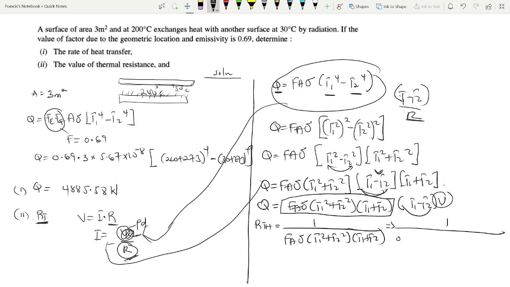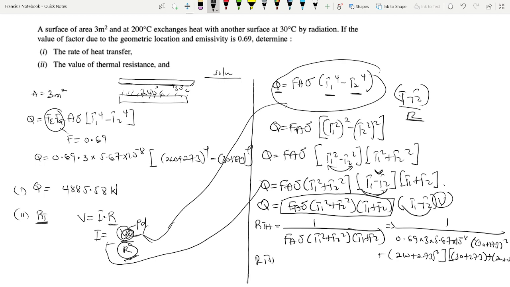Now inputting the values, our F is 0.69, multiplying our area 3, and our sigma is 5.67 times 10 exponent -8. For T1 squared plus T2 squared, because of the squares we are supposed to convert to Kelvin: (30 plus 273) squared plus (200 plus 273) squared. Then another bracket, T1 plus T2: 30 plus 273 plus 200 plus 273.